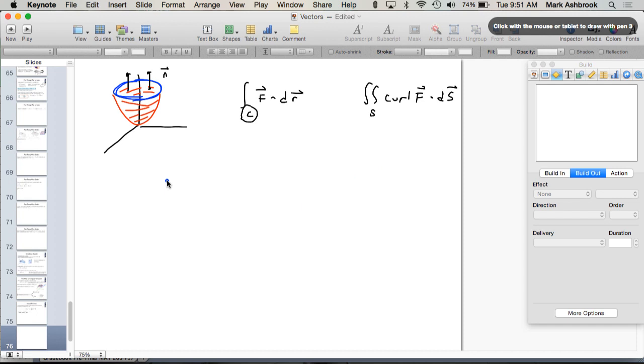And then the boundary is like what you'd have to cross to get from, if you're walking, one side to the other. So what is the boundary? The rim up here, right? So there's the outside of this, that I can see most of it, and then there's like the inside of the bowl. The boundary is what you have to cross to get it. So that's what we're doing the line integral around, that blue circle C.